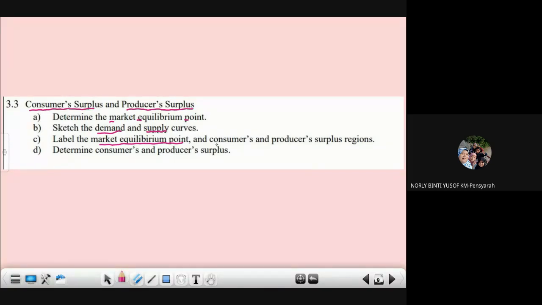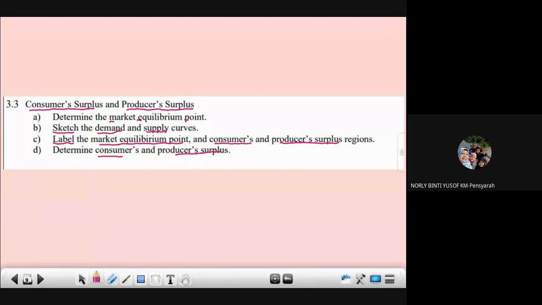Then kita ada consumer, kena label dekat region tu as CS. Mana region CS, mana region PS. Sekarang kita shaded dan juga label CS dengan PS. Kalau dulu dekat area chapter 2, kita shaded je region dia nak cari area kan. Sekarang kena label. Satu learning outcome dia. Sketch, label. Lepas tu determine the consumer and producer supply. Ni pakai formula lah. Basically pakai formula integration.